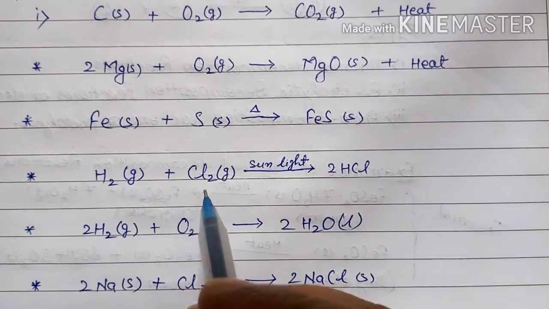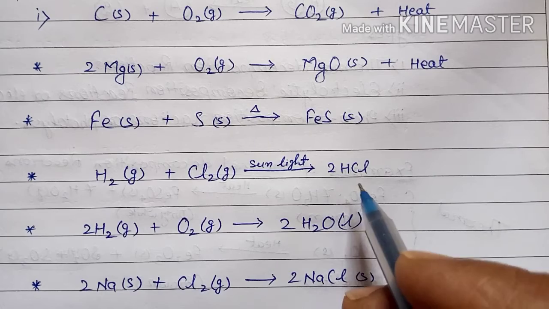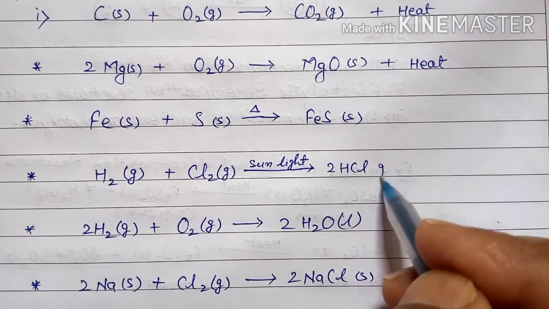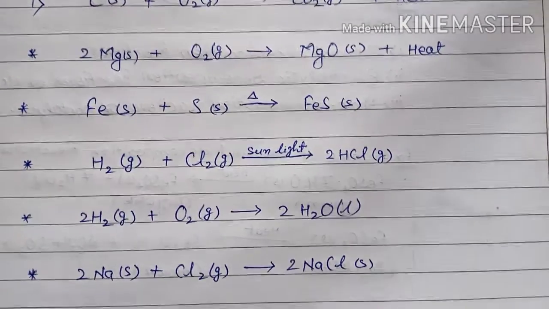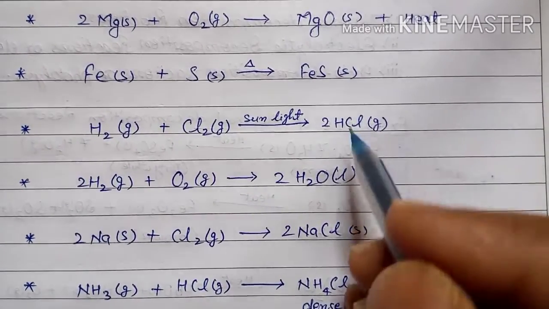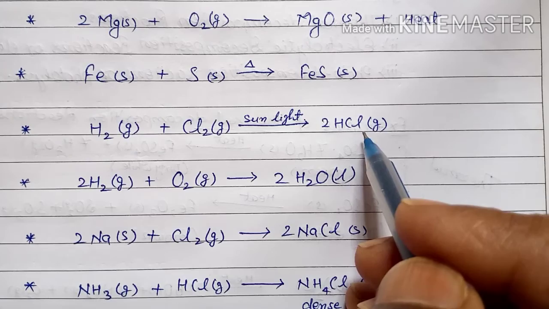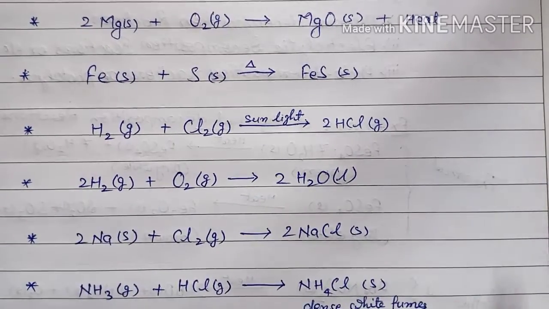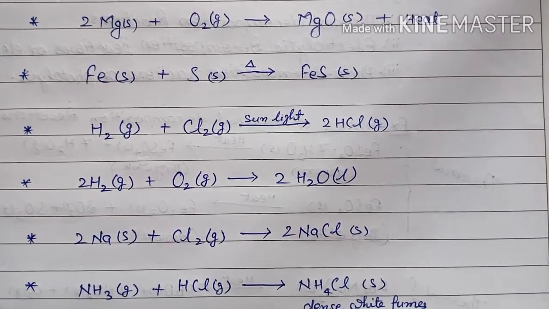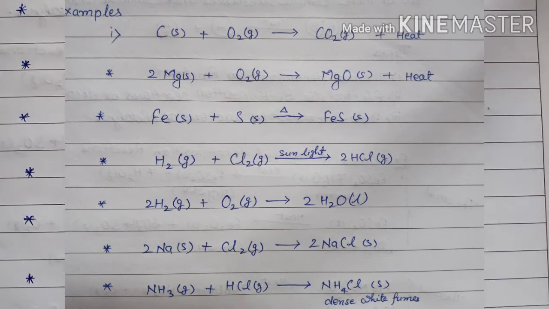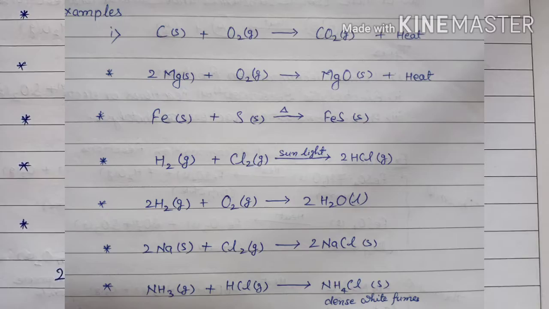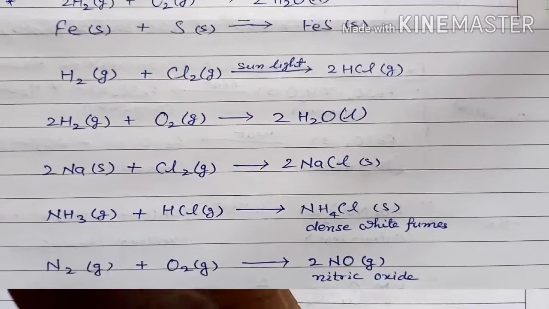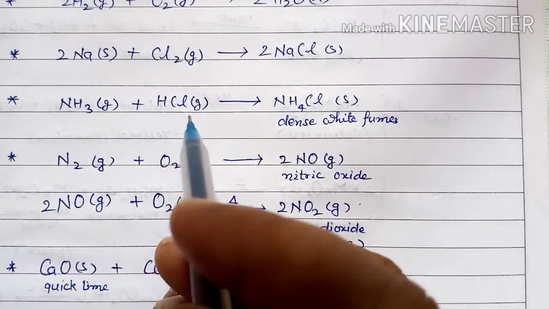Hydrogen gas when reacting with chlorine gas forms hydrogen chloride, also in gaseous form. So here single substances are forming. That's why these are all examples of combination reactions.